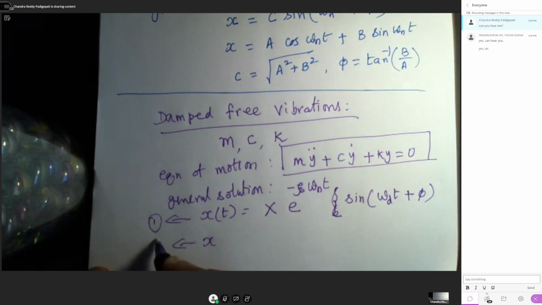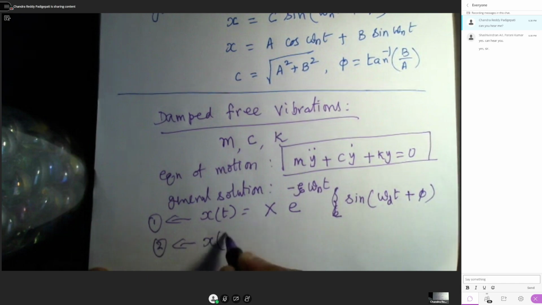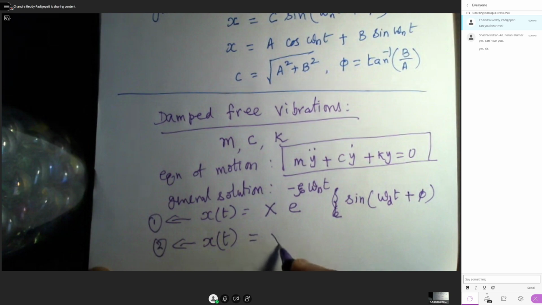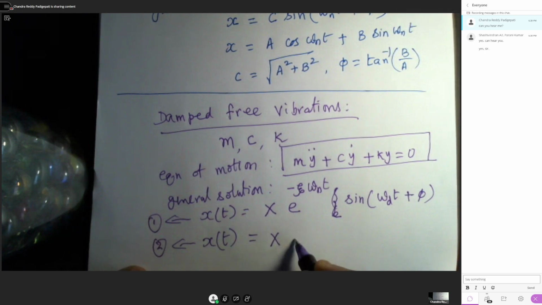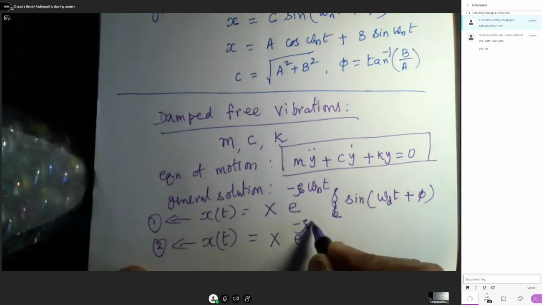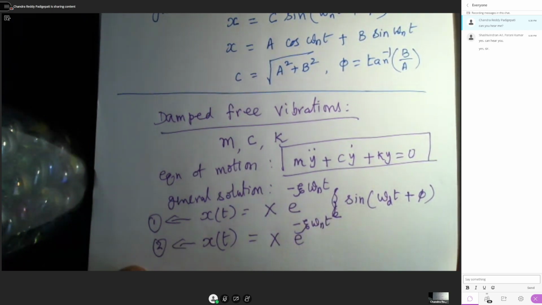In another way, we can write the displacement as a function of time: x, the amplitude, meaning the maximum displacement, exponential power minus eta omega n t, then sine.